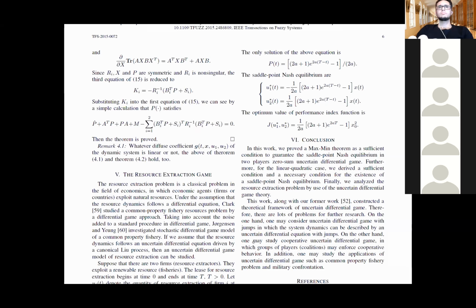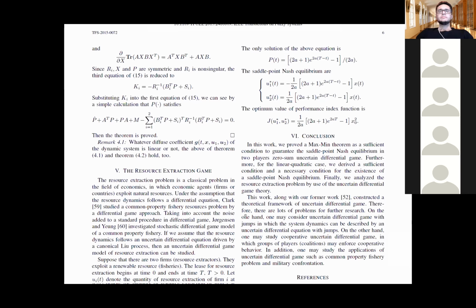On the other hand, we may study comparative uncertain differential equations. This paper does not study them. So in the future, we may study comparative uncertain differential equations. These are the points.